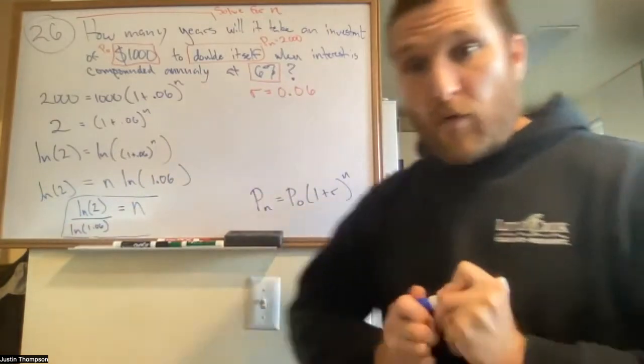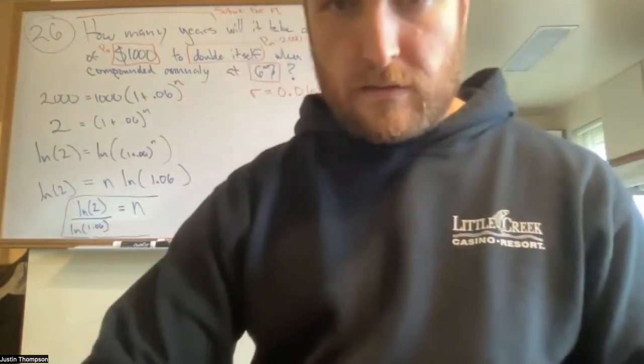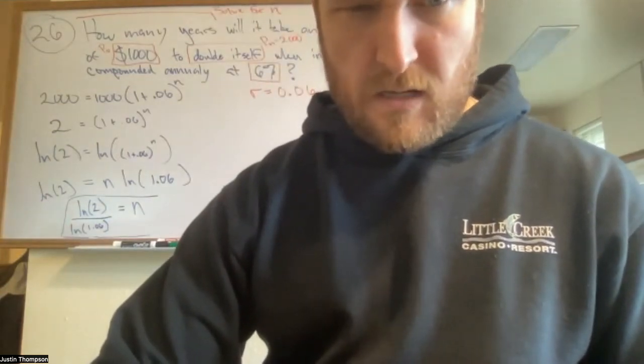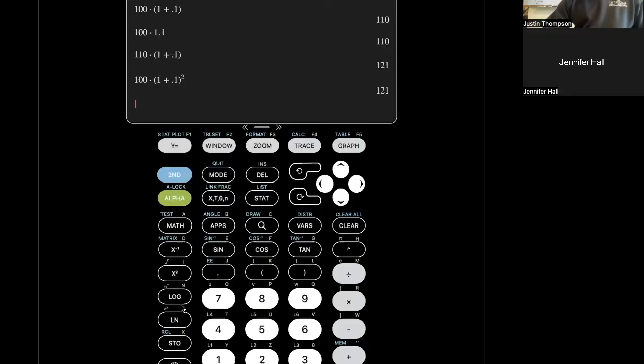And that is something I could plug into a calculator, which is what I'm going to do right now, because there's subtly more to this problem. So we have natural log of 2 divided by natural log of 1.06.